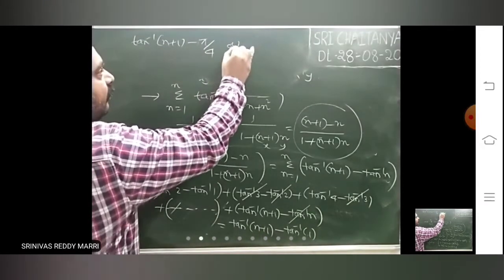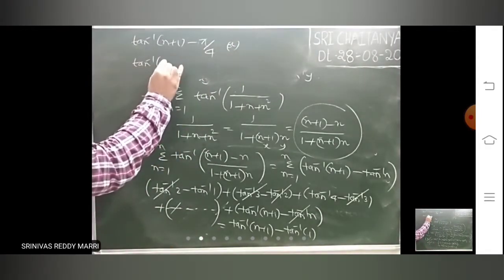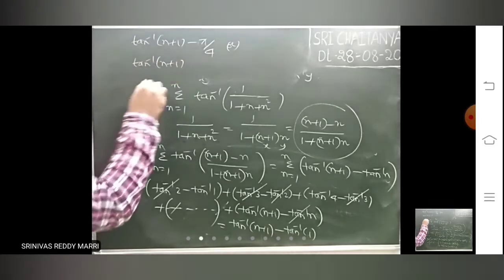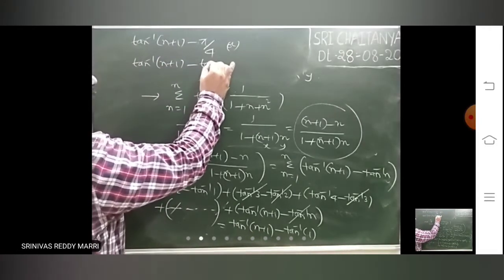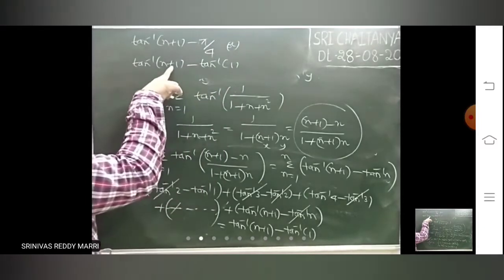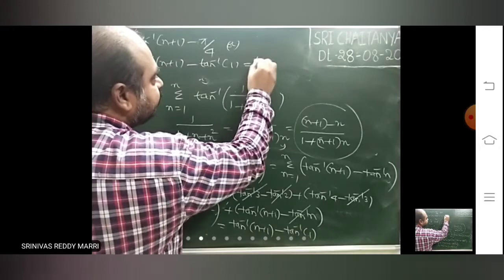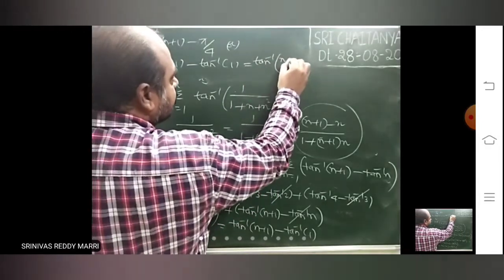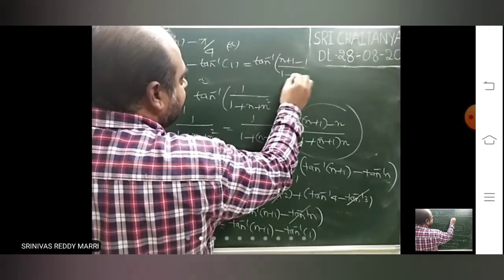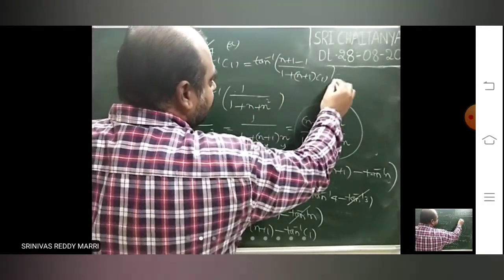Or the answer can be in this form: again you write tan inverse x minus tan inverse y, which is n plus 1 minus 1 divided by n plus 1 into 1.